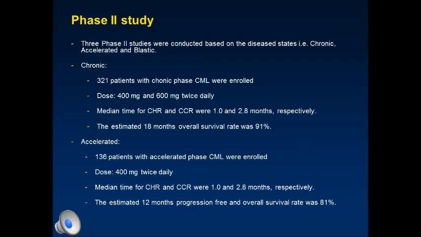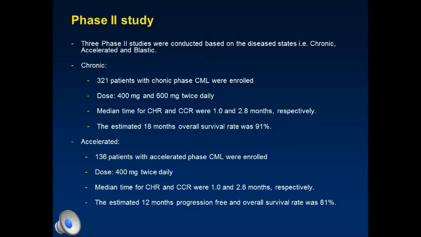Phase 2 study. As described earlier, there were 3 phase 2 studies conducted based on the disease states such as chronic, accelerated, and blastic. Chronic phase, a total of 321 patients were enrolled having chronic phase of chronic myeloid leukemia.